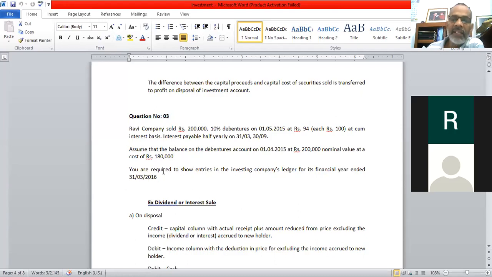The financial year started on 1st April 2015 and ends on 31st March 2016. Within that one year accounting period, whether you have a purchase or a sale, an opening balance or a closing balance, everything would be recorded within that time. Is it okay?